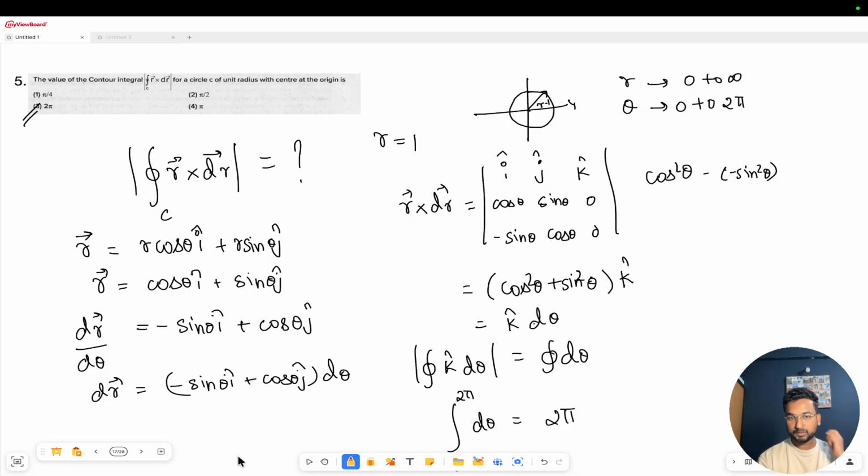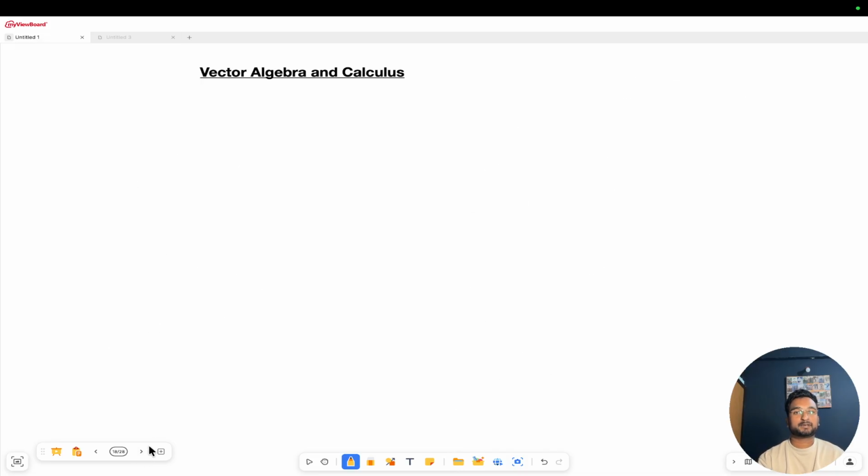So moving ahead, let's move to vector algebra and calculus. Everyone knows what a vector is. A vector is just a quantity which has both magnitude and direction. For now let's keep it simple and understand that any vector quantity has both magnitude and direction.